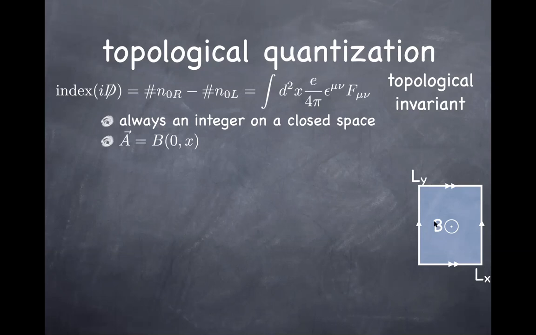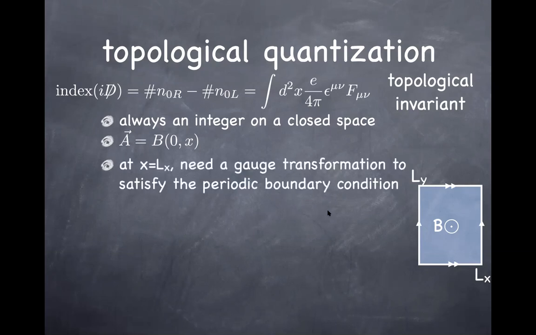On this rectangle, I can have a vector potential that reproduces the constant magnetic field. But now the vector potential explicitly depends on x, so it is manifestly not periodic along the x direction. When I shift by Lx along the x direction, I need to perform a gauge transformation at the edge of this rectangle, so that the vector potential goes back to the original form.